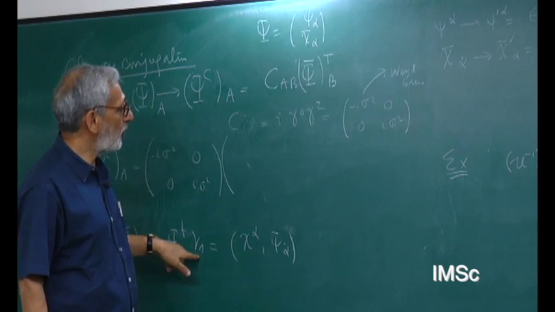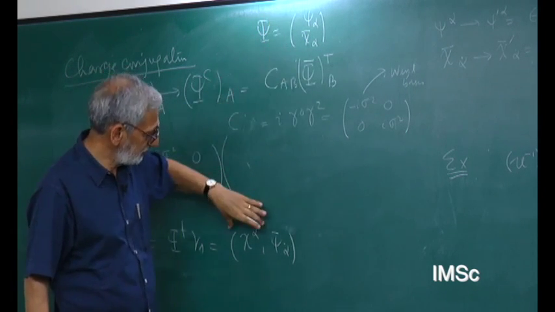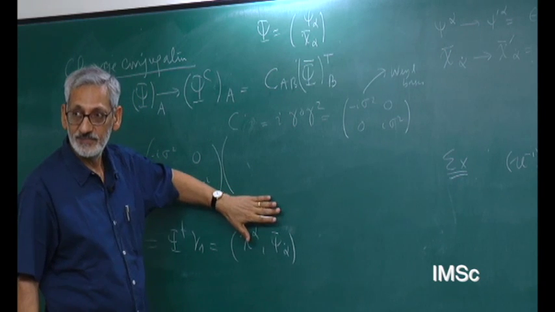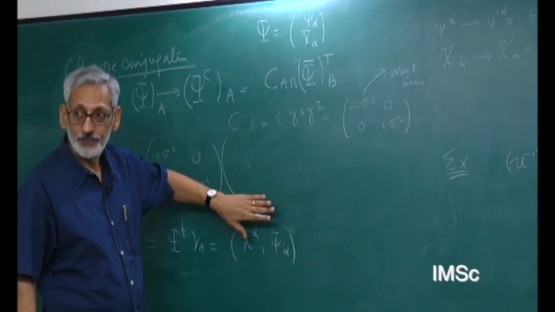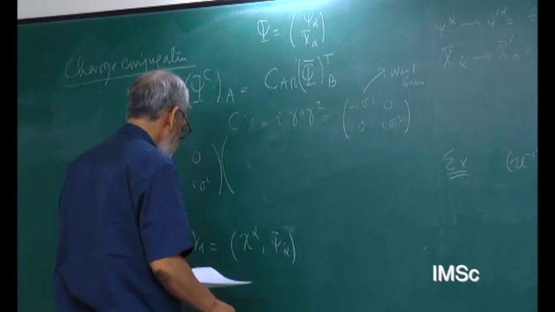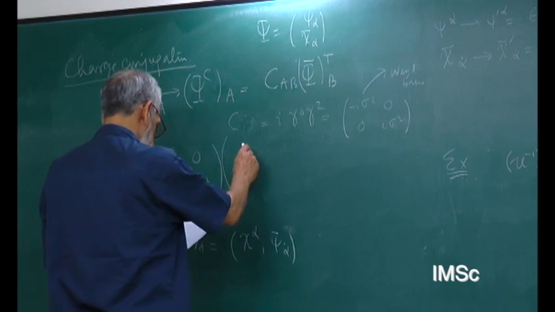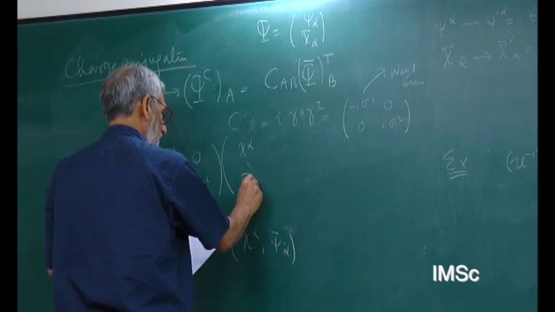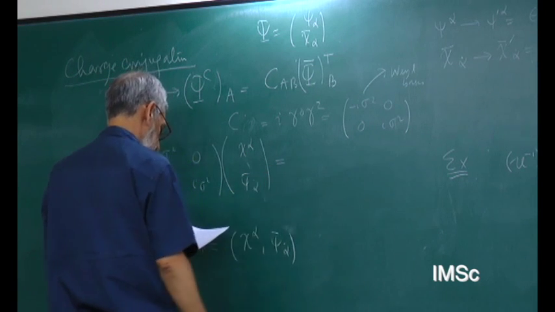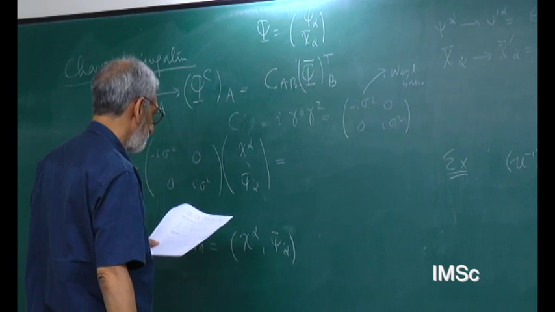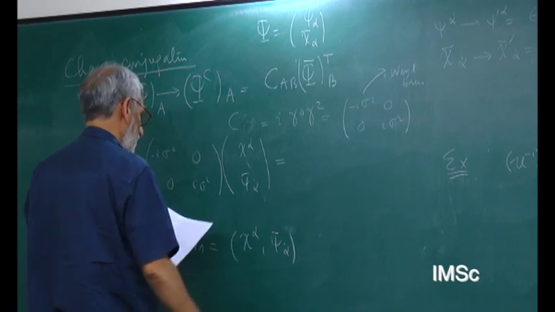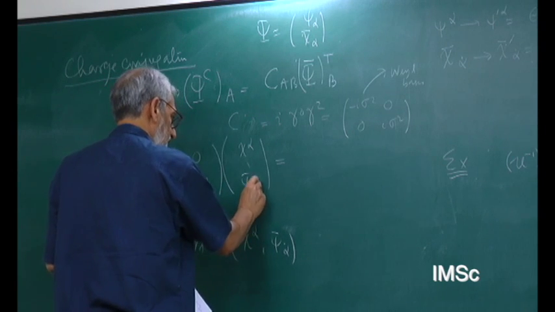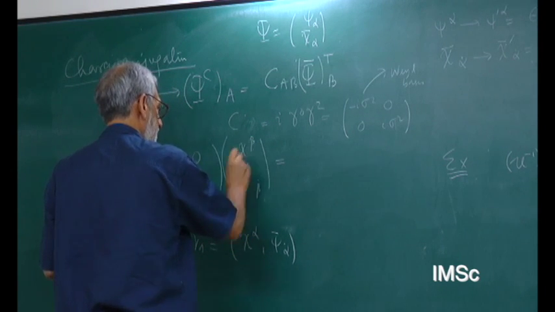And this gamma naught interchanges them. So then therefore here it is chi alpha, psi bar alpha dot, or I call this beta dot here and beta here.